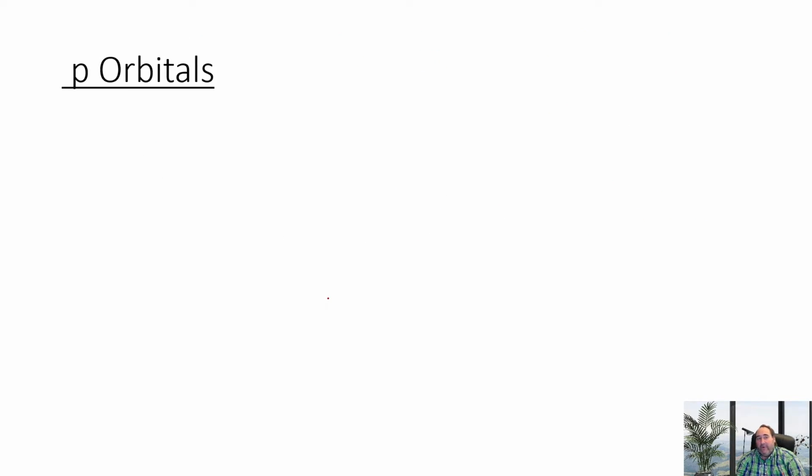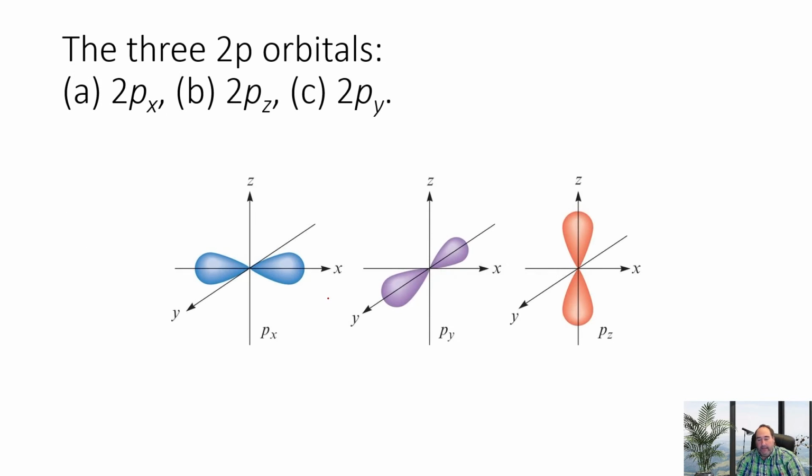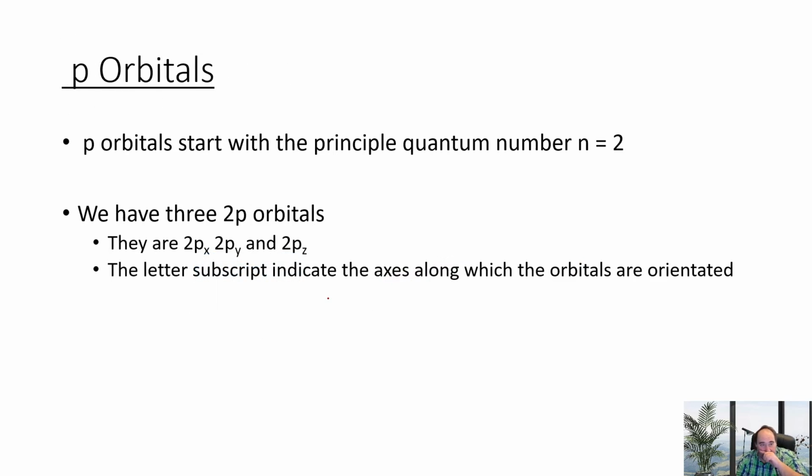Now, the next set of orbitals actually do not start until we hit the second energy level. So on the first energy level, as we were talking about, we have only a 1s orbital. When we go to the second energy level, there's a 2s orbital. And this is where we start to see what is referred to as the 2p orbitals.